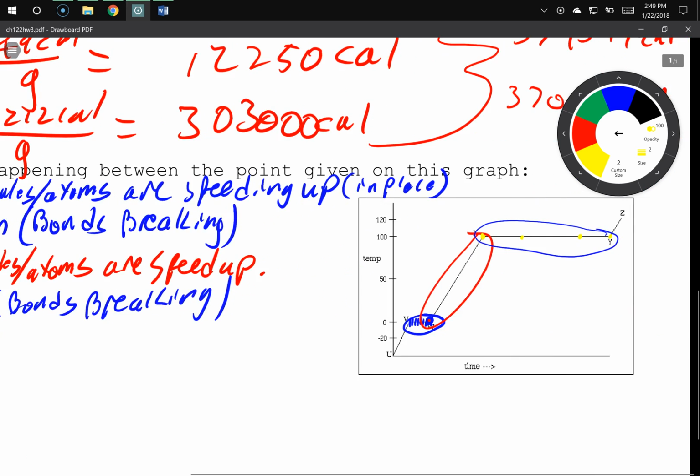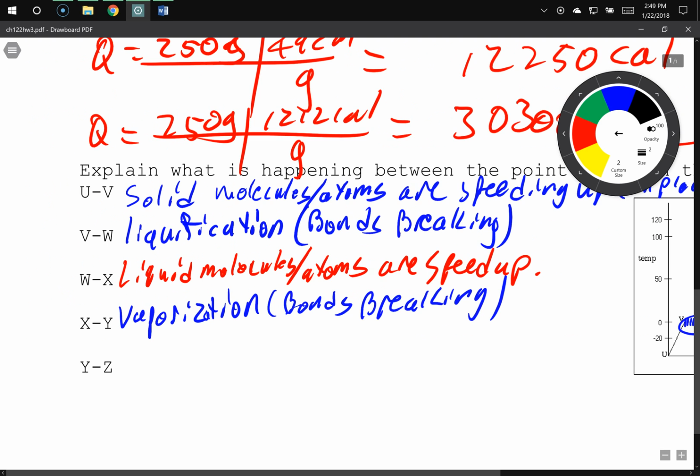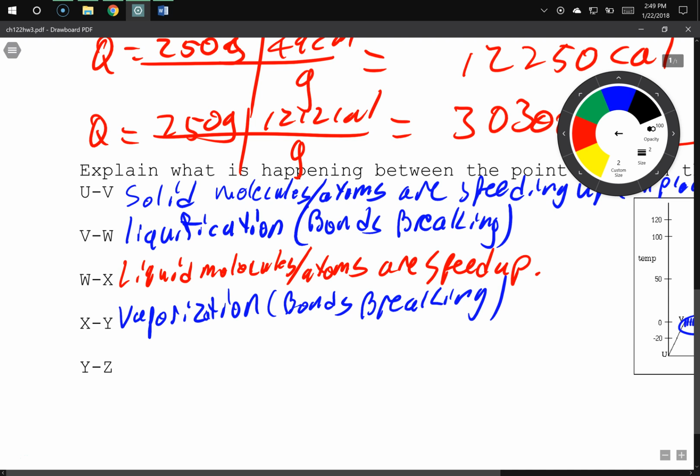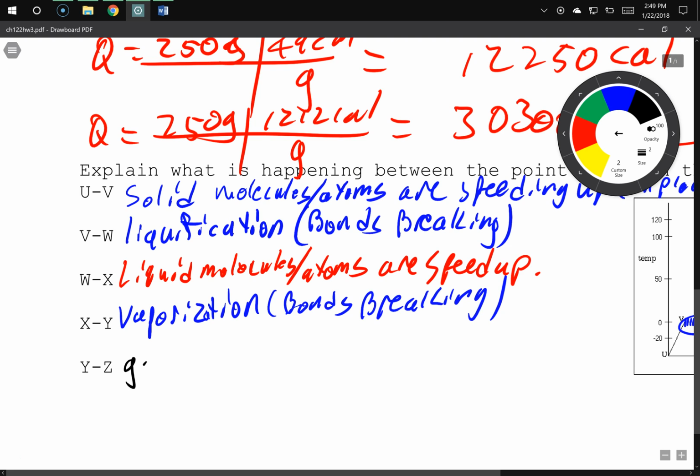And then that last piece up here, right? It is vapor, and they can still heat up. So look at the first and the third one. What do I want to say? The atoms are speeding up. One word before that: vapor or gas.